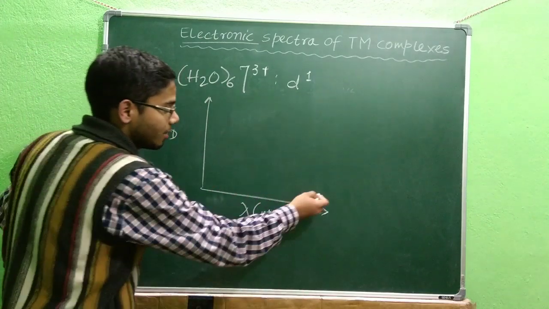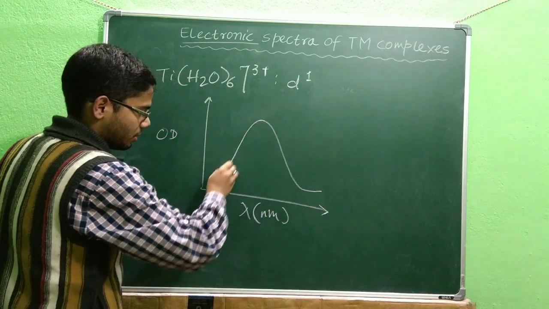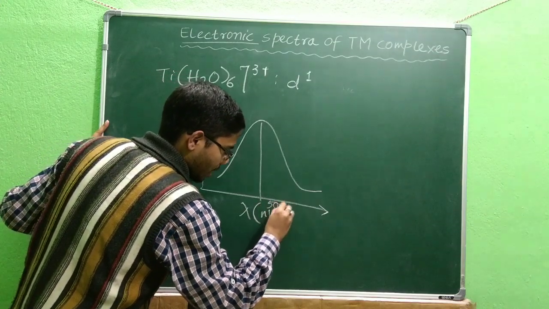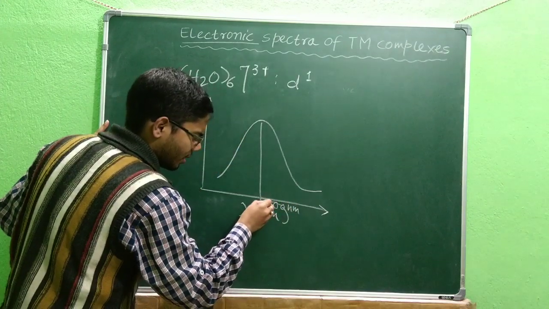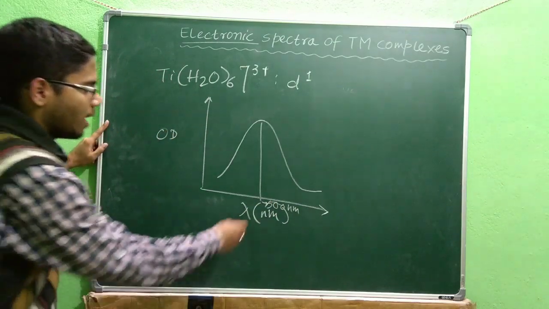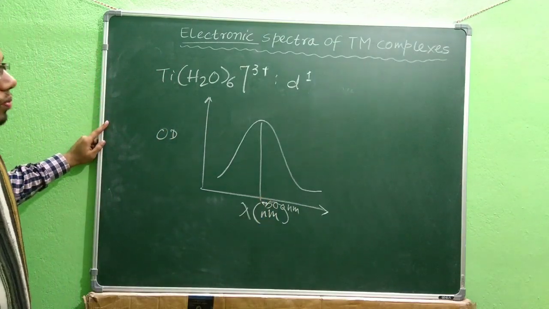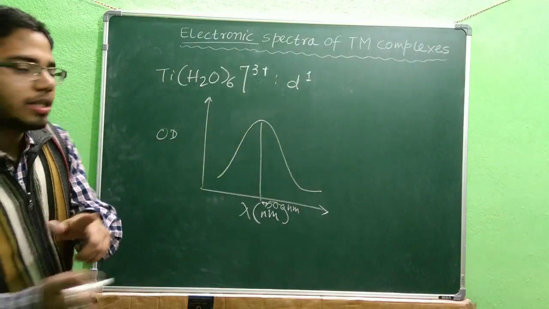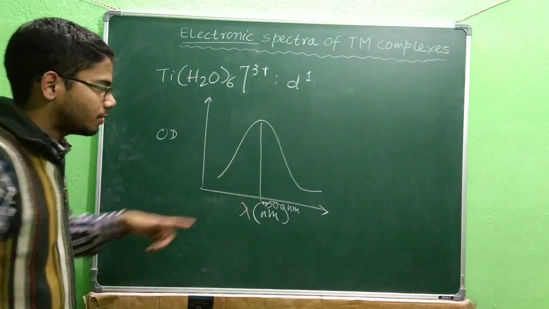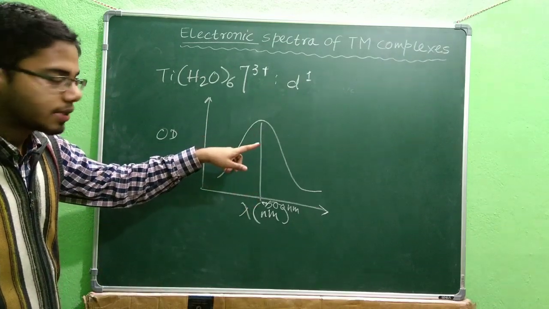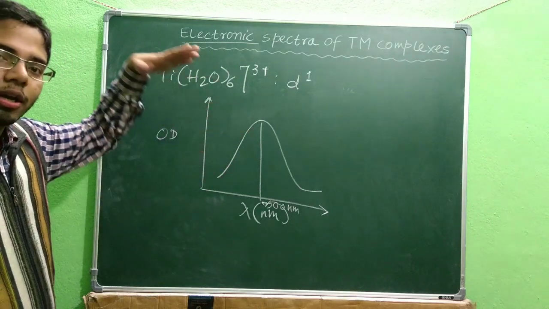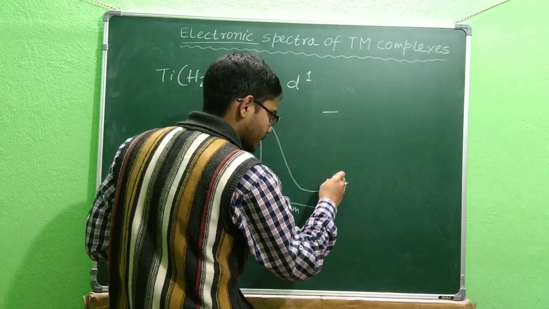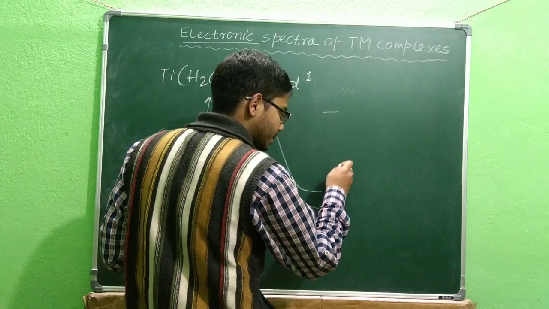When you are drawing, I hope you will draw from this side, not from the reverse. Somewhere you will see the absorption around 500 nanometer, maybe, if I remember correctly, 500. That essentially means you have one hump, so there is only one transition that corresponds to this. This is not structured. That only means there are two energy levels, maybe your ground state energy level and excited energy level. Now this electron is here.